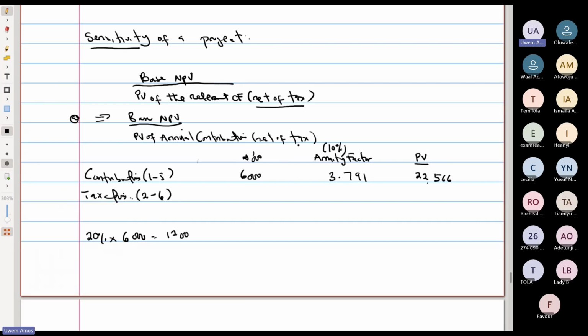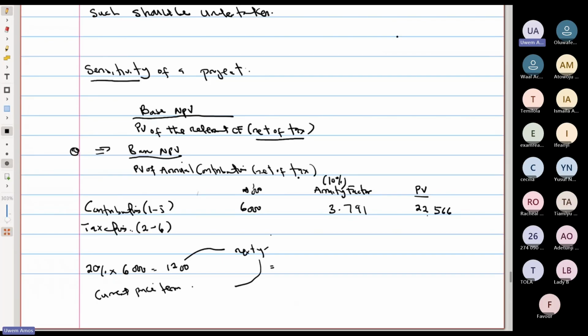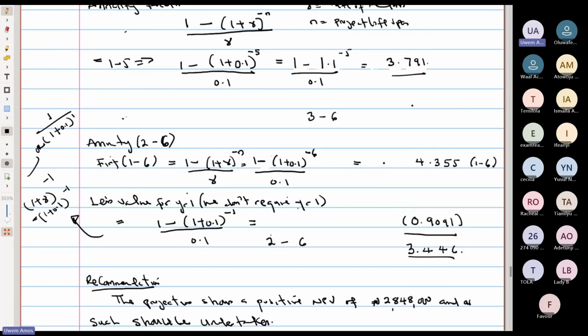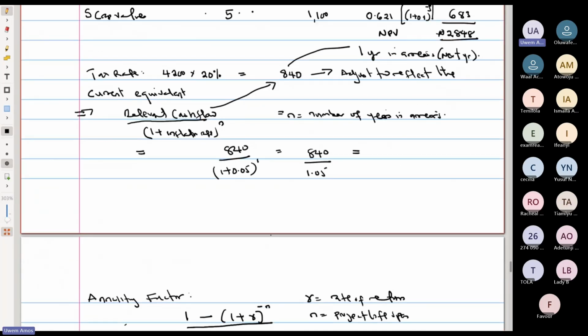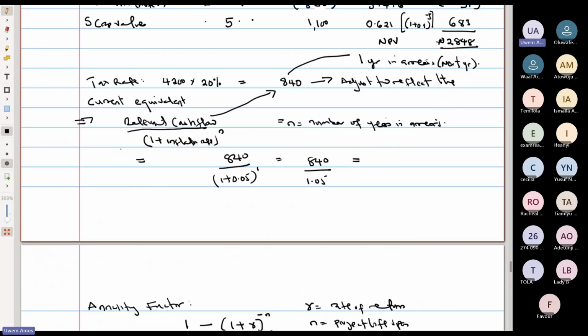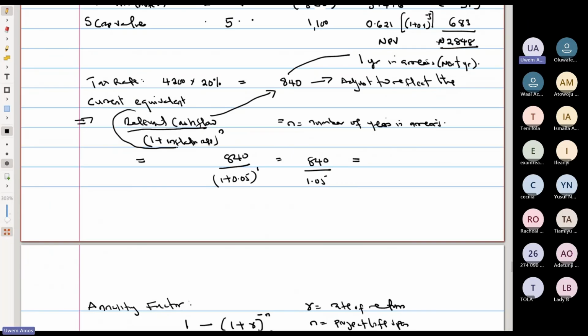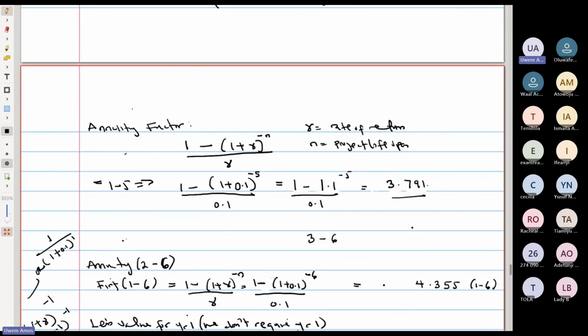So this tax is to be payable next year, so we need to bring it back to current price terms. And I gave you the formula to do that. The formula is relevant cash flow divided by 1 plus the inflation rate raised to the power of n.